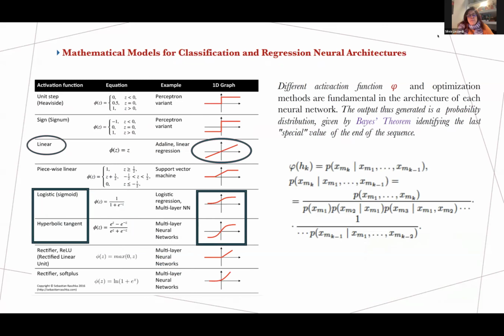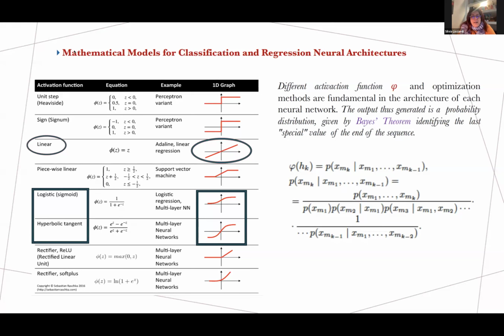One of the principal aspects that we have to consider is the activation function, like we said. There are many different activation functions. What is shown here is only part of the possible choices, and obviously it depends on what we want to obtain.